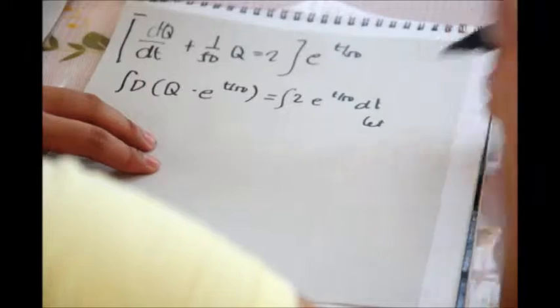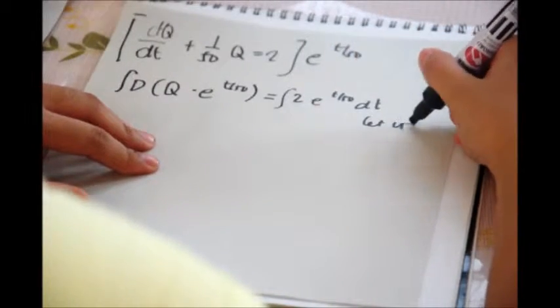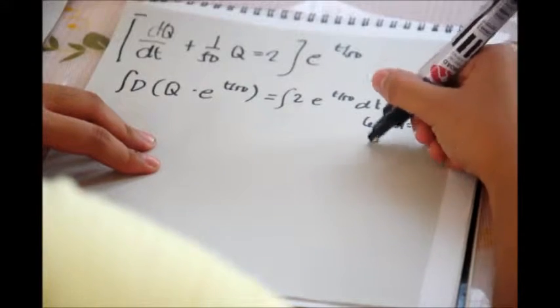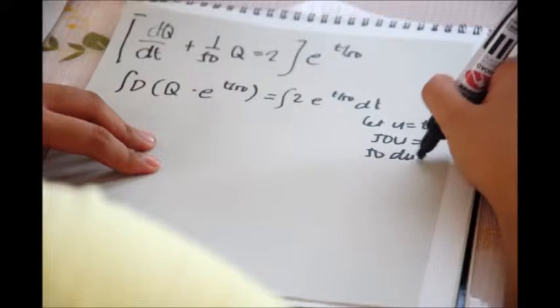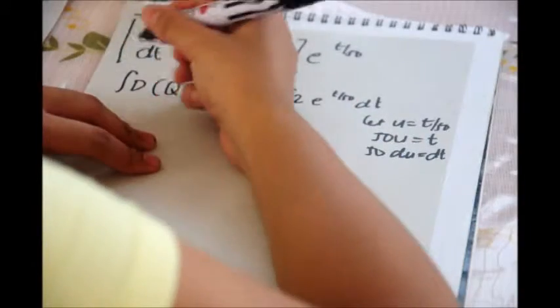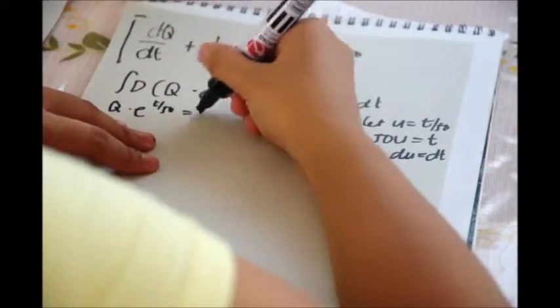So let's represent t over 50. Let u be t over 50. So 50u is equal to t, and 50 du is equal to dt. Substitute it: Q times e to the t over 50 equals the integral of 2 e to the u times 50 du.